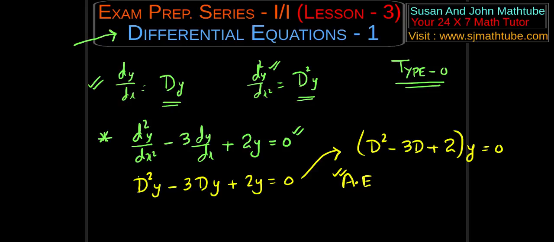Auxiliary equation means you replace each and every D with some other letter. I'm going to use m. In many books they follow the same notation. So the auxiliary equation is m square minus 3m plus 2 is equal to 0.